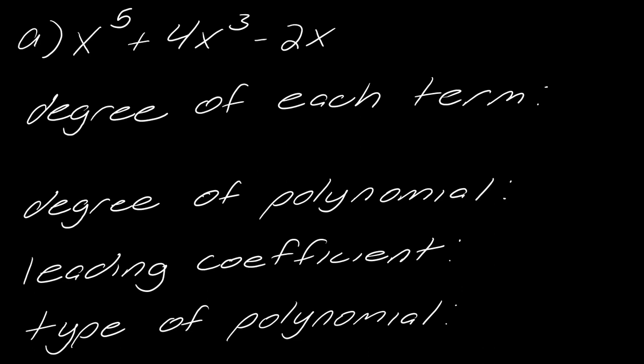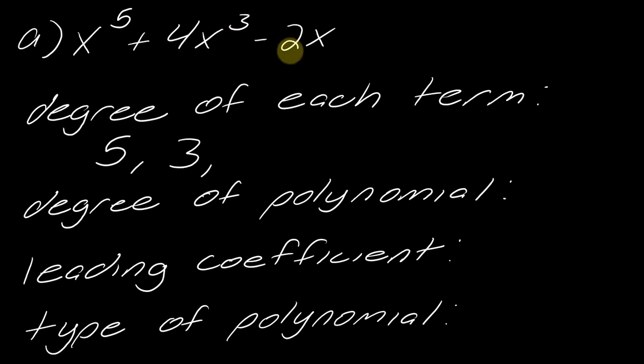So let's start with this first example, and I want to show you the best way to approach this. We're trying to find the degree of the polynomial, but the one thing I want you to practice is to actually find the degree of each term. So we'll just go in order here. The degree of this term, x to the 5th, would be 5. And then the degree of the next term, 4x to the 3rd, is 3.